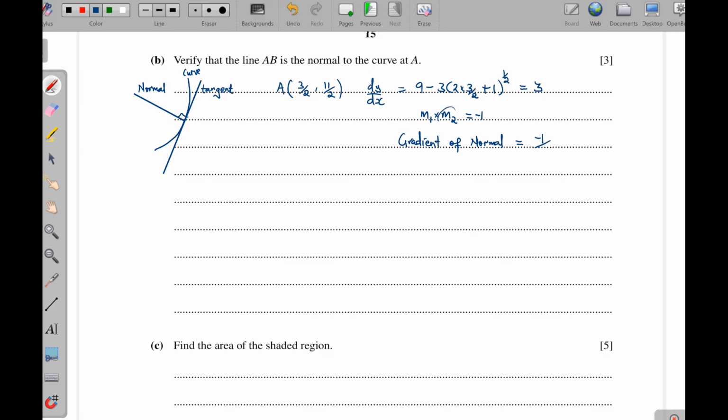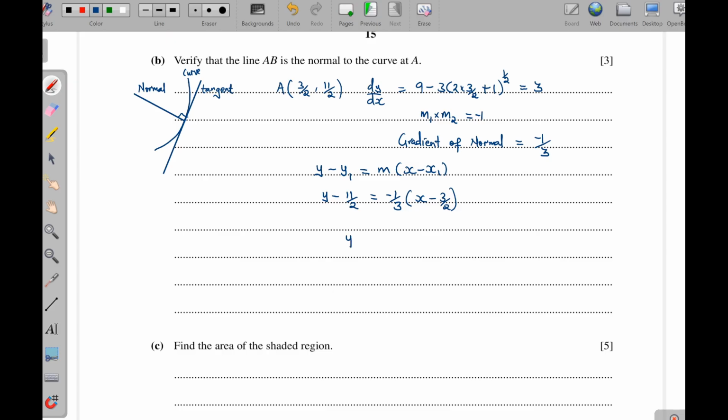If this is M2, then M2 is -1 over M1, which M1 is this 3 here, the gradient of the tangent. Okay, now using y minus y1 equals m into x minus x1. So our y1 is this 11 over 2. So y minus 11 over 2 is equal to m, which is negative a third, times x minus 3 over 2.